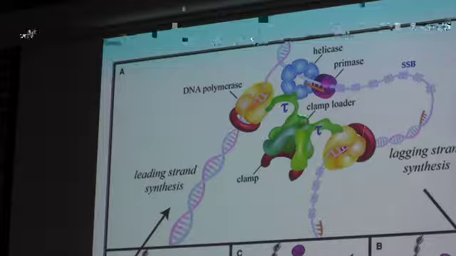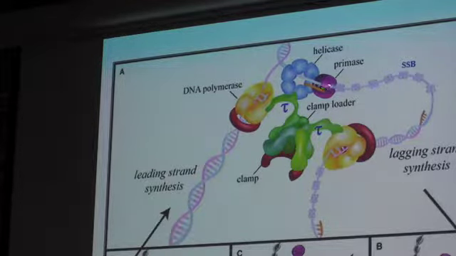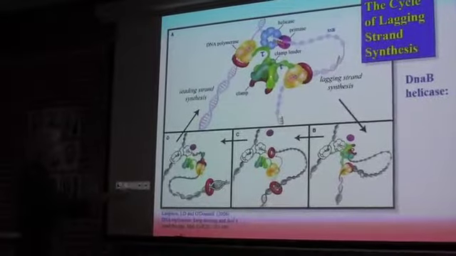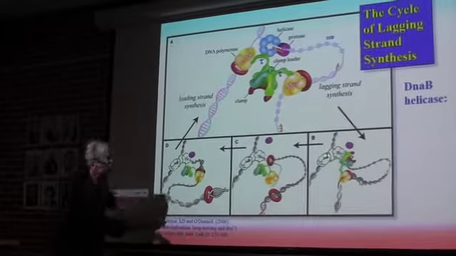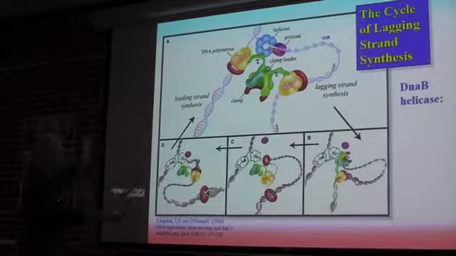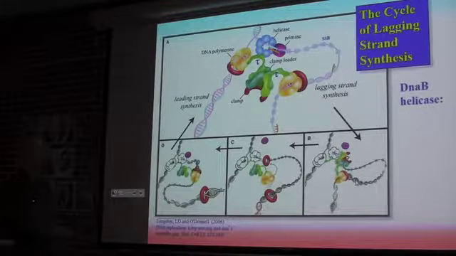Each has a clamp behind it. The primase is there. Notice the little primer that's made, the RNA primer. Notice they drew the helicase on the correct strand, the template for lagging strand. And the rest of it, you can see how this now swings up, bumps off the primase, and puts that clamp there.